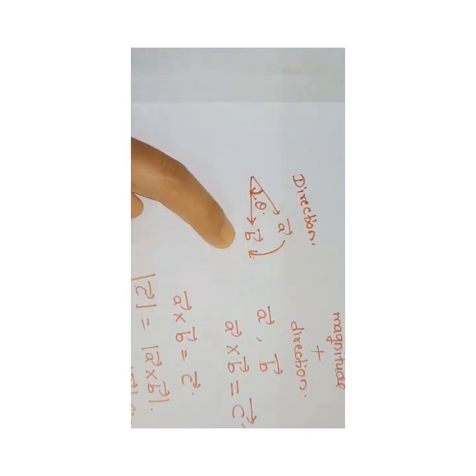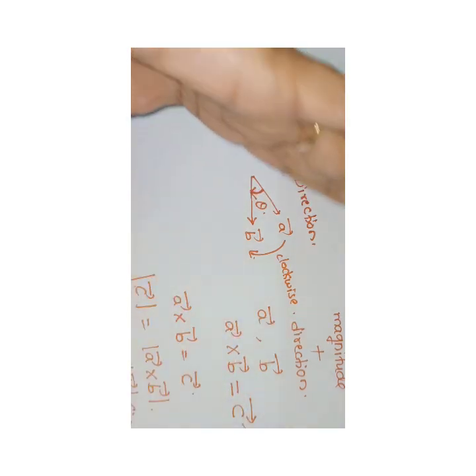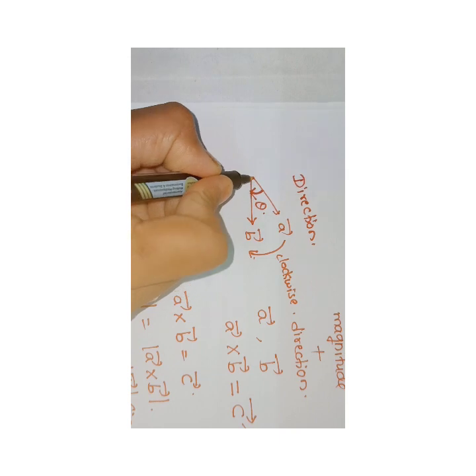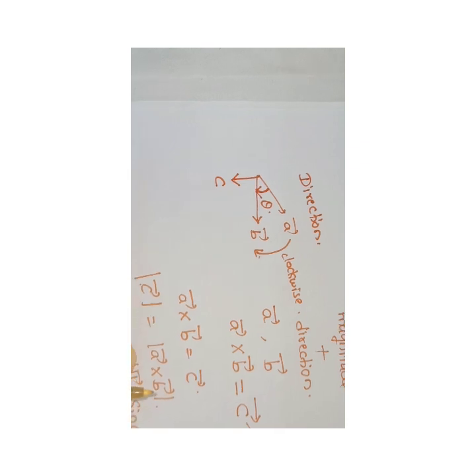A cross B means you have to go in the clockwise direction from A to B by angle theta, then the direction of C will be downward.